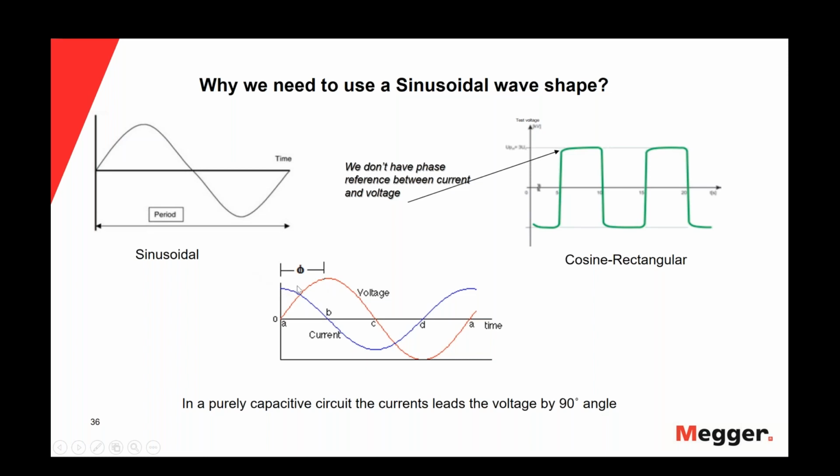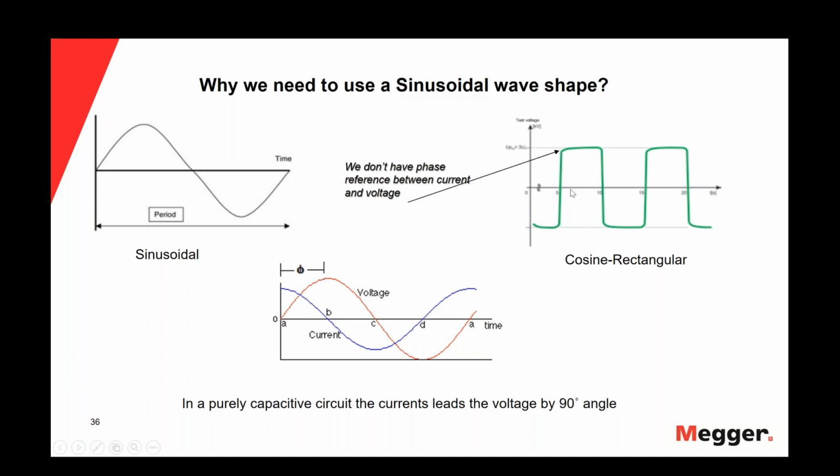So we need that reference. In a cosine rectangular wave shape, we lose that reference. We don't have the phase reference between the current and the voltage. For that reason, we need a sine wave shape to do the tan delta test.